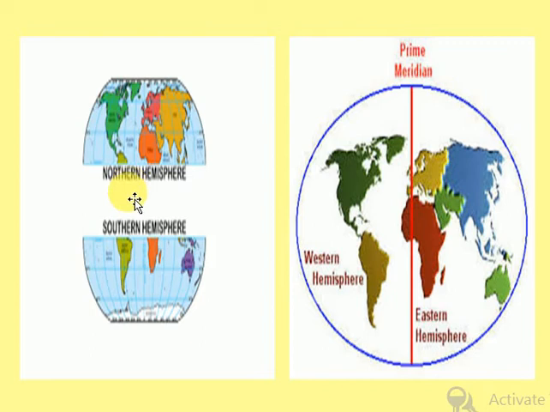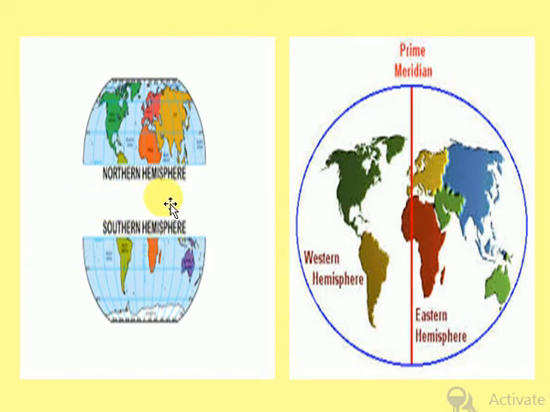And large part of this continent lies on the northern hemisphere, and very less part is on the southern hemisphere. Large part is on the northern hemisphere. The Tropic of Cancer and Capricorn pass through Africa.